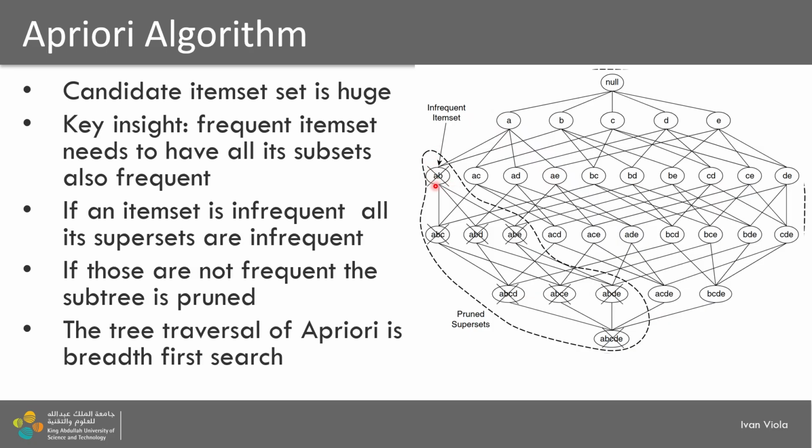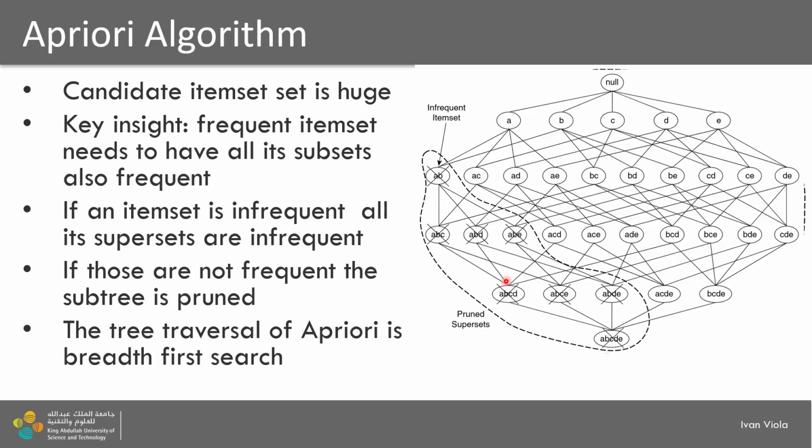And then, therefore, we can prune ABC, ABD, ABE, ABCD, ABCE, ABDE, everything which contains this 2-item set AB will be pruned away from the tree. So in this way, we can prune already a lot on various levels.